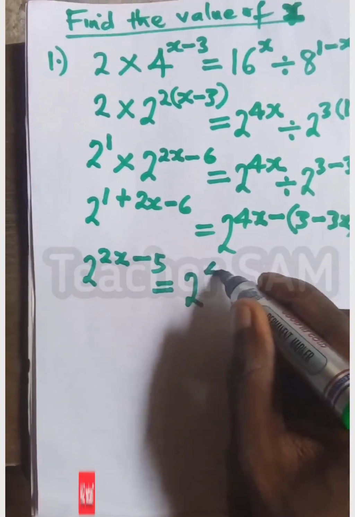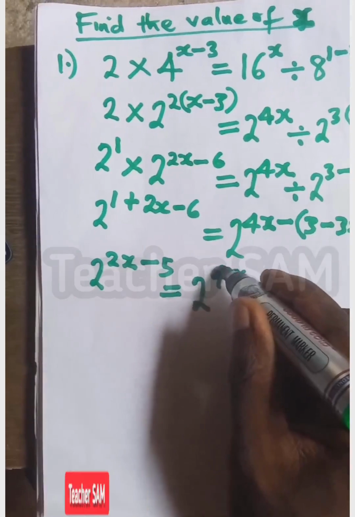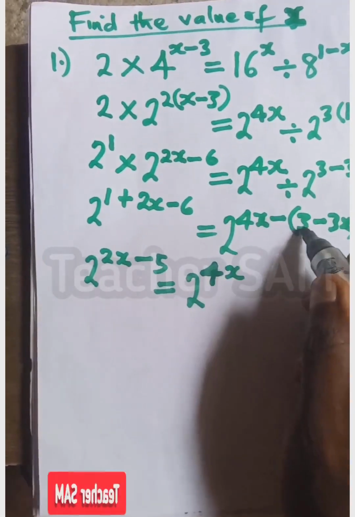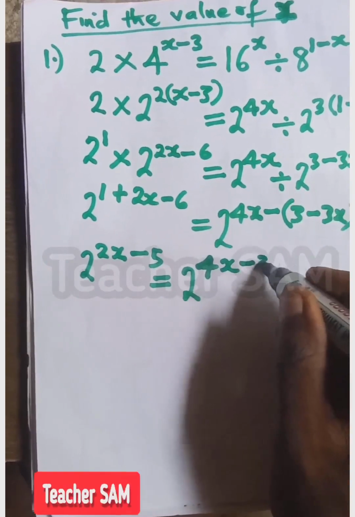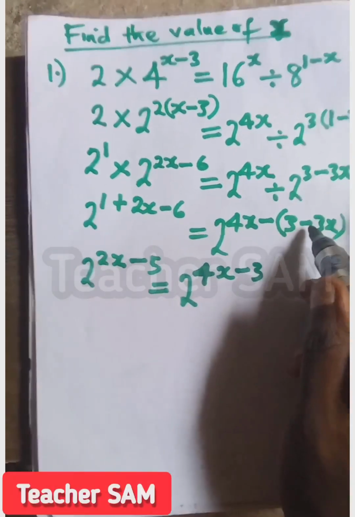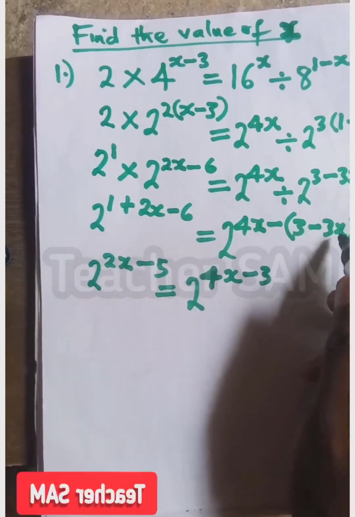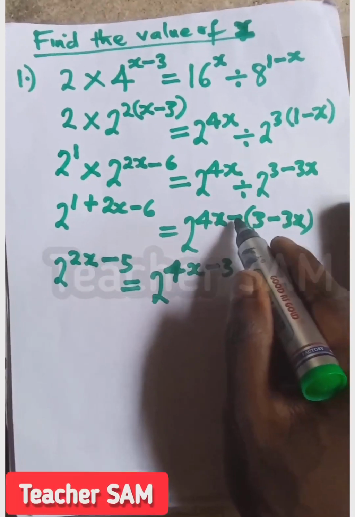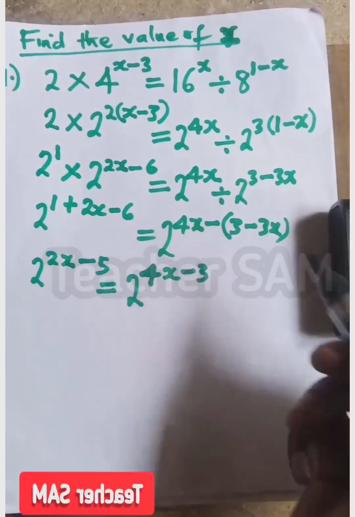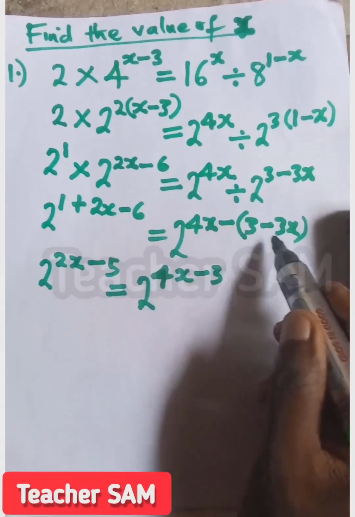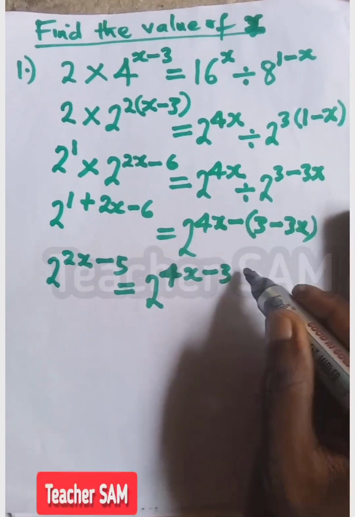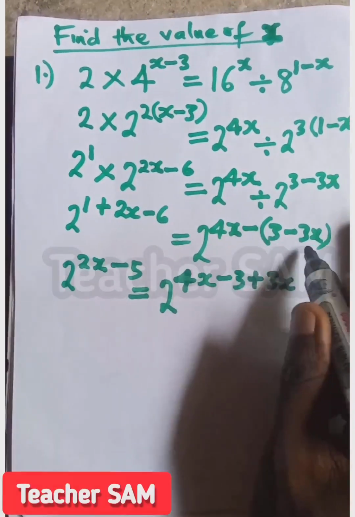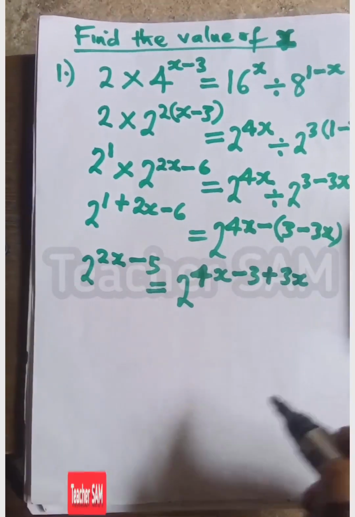I have 4x there, 4x already. Now minus times 3, I have minus 3. Minus times minus 3, I'm using this minus. There is minus 1 here actually, but I just want to say minus so that you don't get confused. So minus times minus 3x, I have plus 3x.